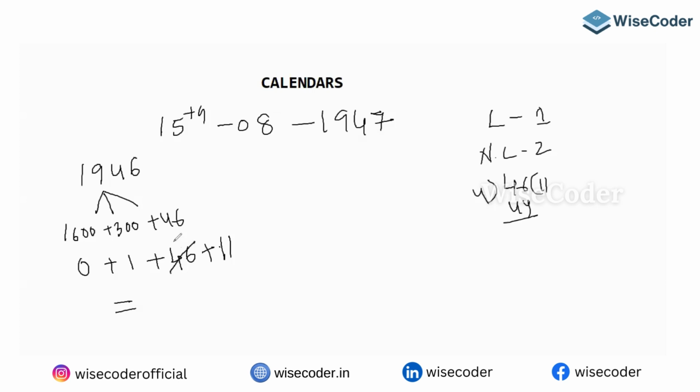If 42 is gone, I'm left with 4. 11 plus 4, 15. 15 plus 1, 16. If you divide 16 by 7, you will get 2. So with the years I have 2 odd days.